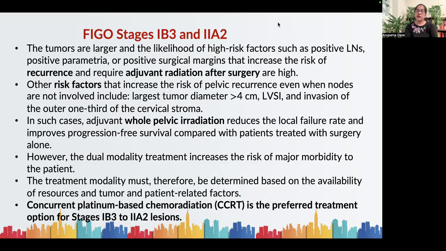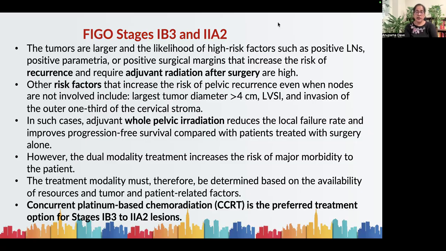Other risk factors that increase the risk of recurrence even when nodes are not involved include large tumor size more than 4 centimeters and the presence of lymphovascular space invasion of the outer one-third of cervical stroma. In such cases, adjuvant whole pelvic irradiation reduces the local failure rate and improves progression-free survival compared to patients treated with surgery alone.